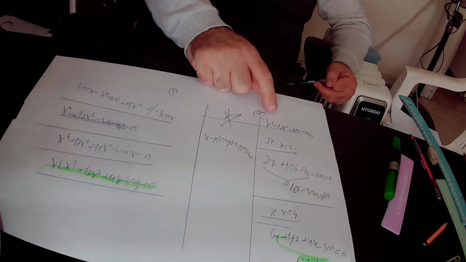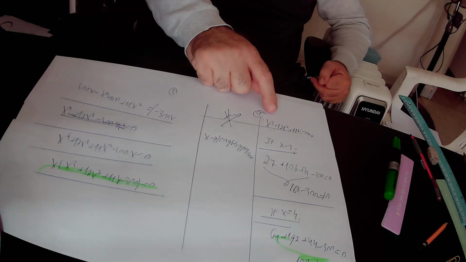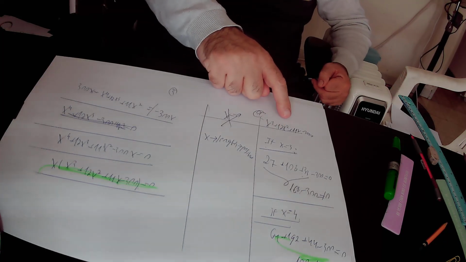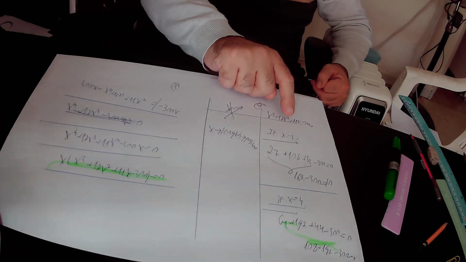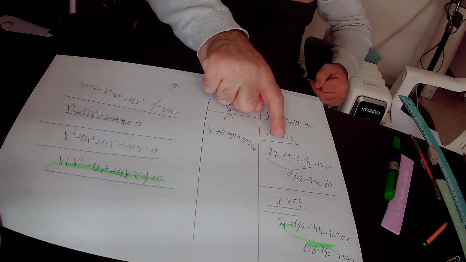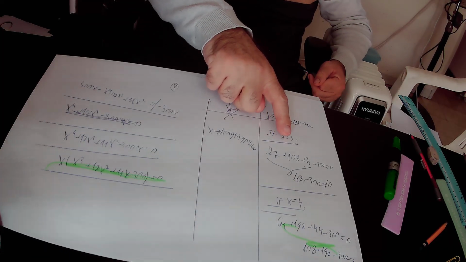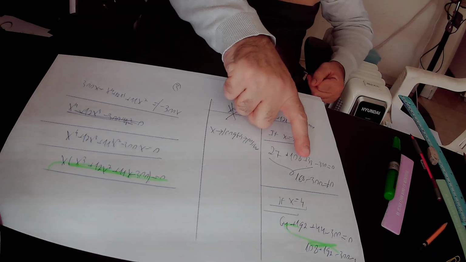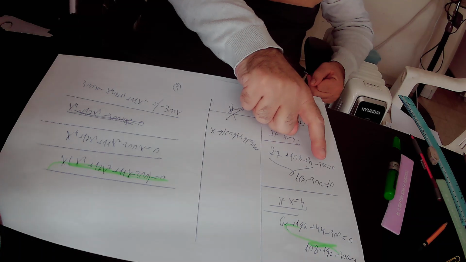X is 3, so x squared is 3 squared, that is 9, and 9 times 12 is 108, plus 11x. X is 3, so 11x is 11 times 3, that is 33, minus 300 equals 0. 27 plus 108 plus 33, in total, is 168. And 168 minus 300 is definitely not equal to 0.